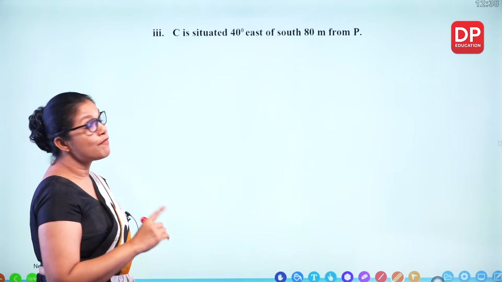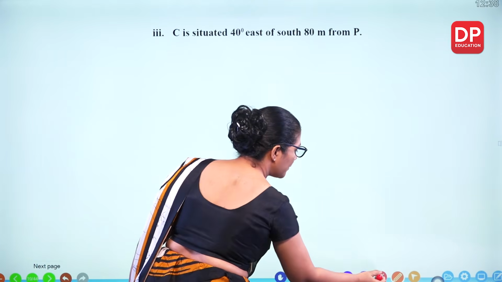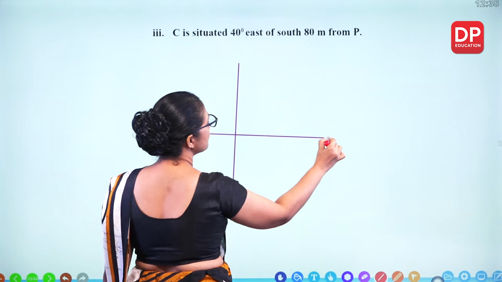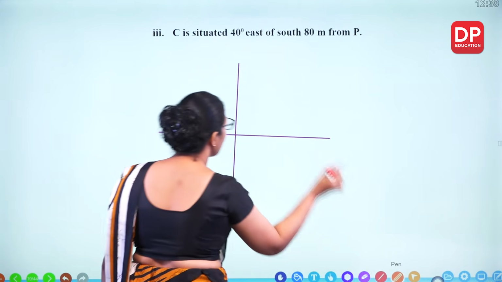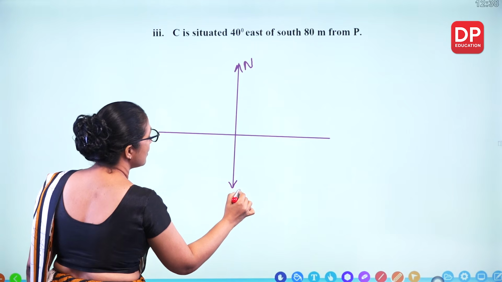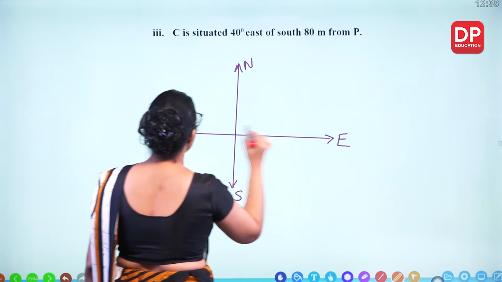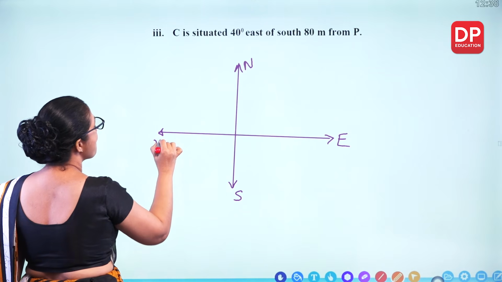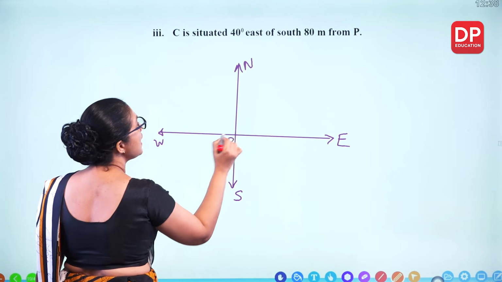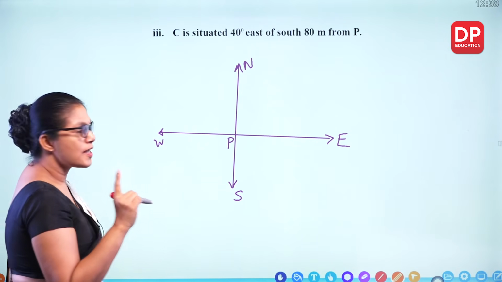C is situated 40 degrees east of south, 80 meters from P. So draw the main axes: north, south, east and west. If this is P, 40 degrees east of south.